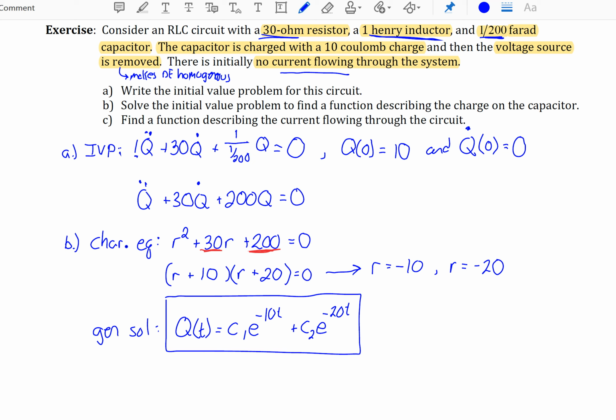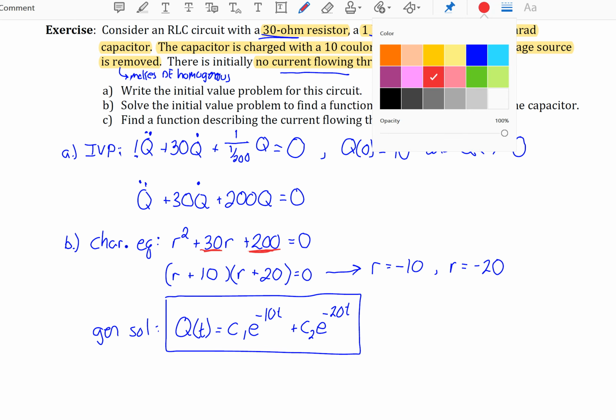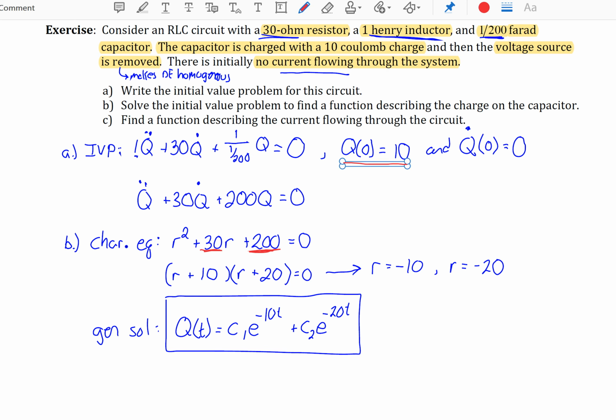Again, if we're trying to solve our IVP, remember that we know initial conditions for the initial charge on the capacitor and for the initial current, the derivative of the charge.